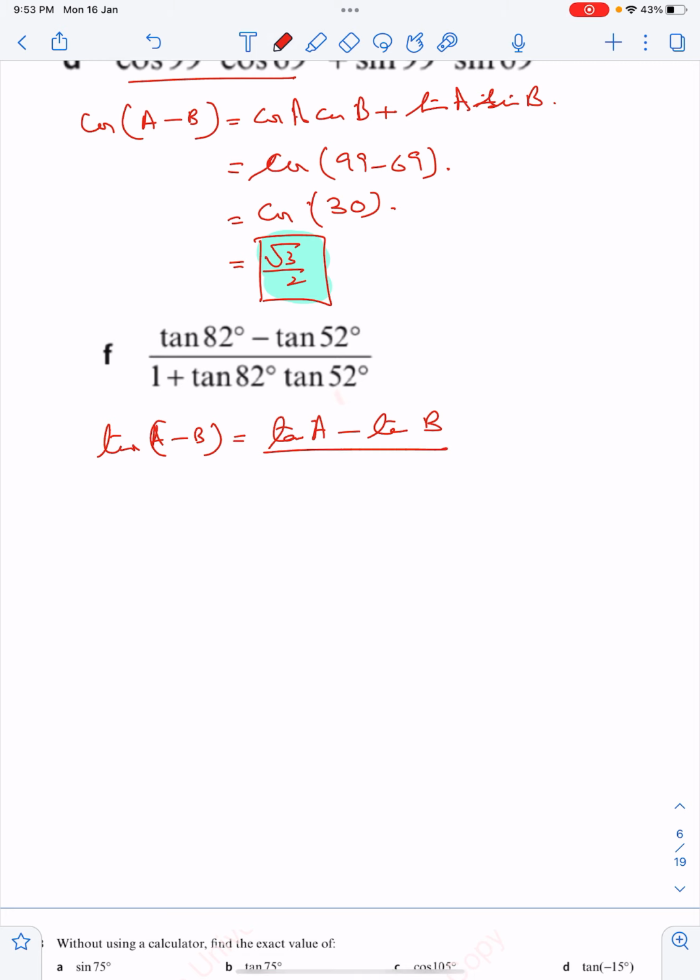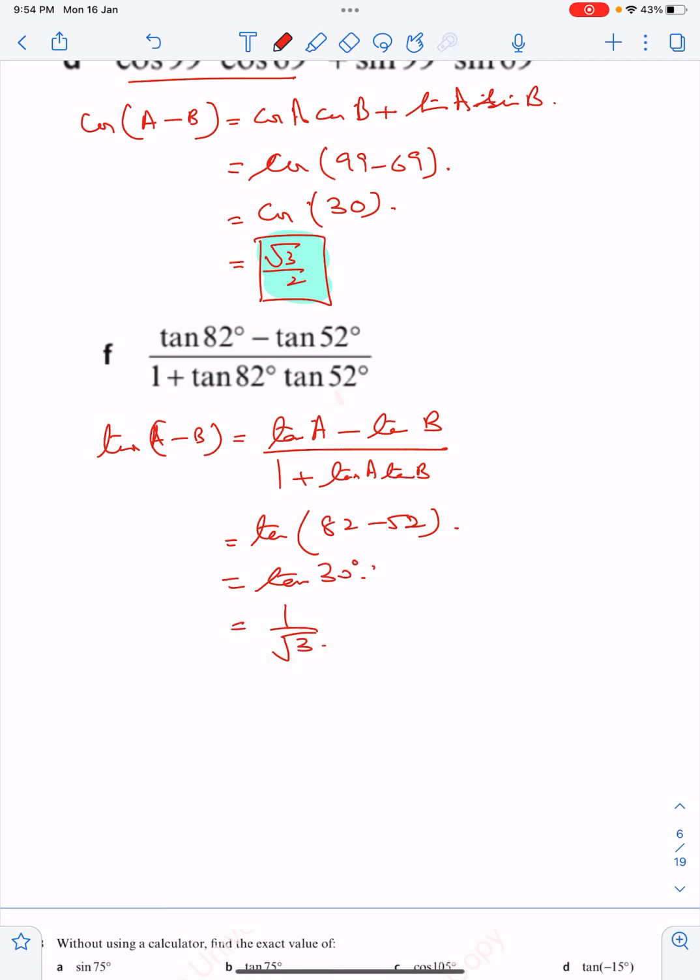Tan of A minus tan of B upon 1 plus tan of A tan of B. So if you compare it with this, the formula is equivalent to tan of A minus B. In this case, A is 82 and B is 52. So, it is equal to tan of 82 minus 52, which is equal to tan of 30 degrees, and we know tan of 30 degrees is 1 upon root 3.